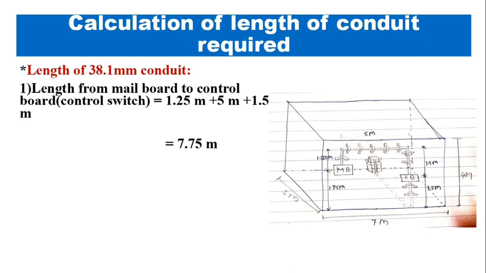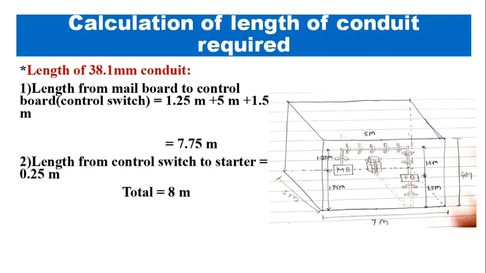Then the second one is the length from the control switch to the starter. As in this control board you have placed the control switch and starter, the distance between both you will always take as 0.25 meter. So the length of conduit from starter to control switch is 0.25 meter.